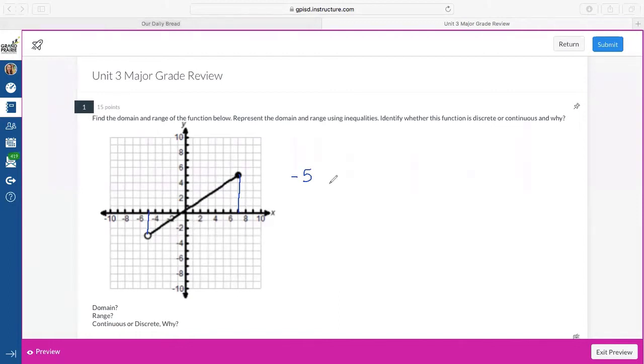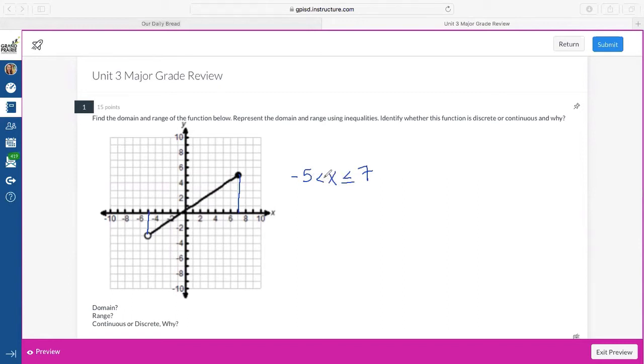Yeah, not equal to. So this is a not equal to sign. So it'd be -5 is less than X. And the highest X value is 7. But it's a closed circle telling us it is equal to. So less than or equal to 7. So all the X values are between -5 and 7.